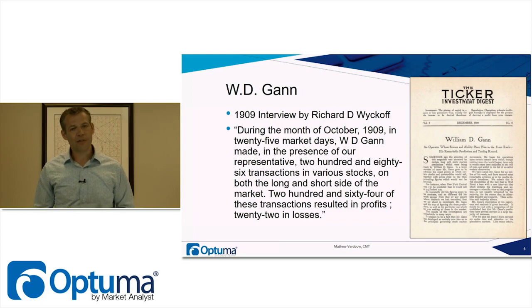So this is in front of a journalist, making a fairly good return there. I think the article goes on to say that he made about 10,000% return in those 25 days.